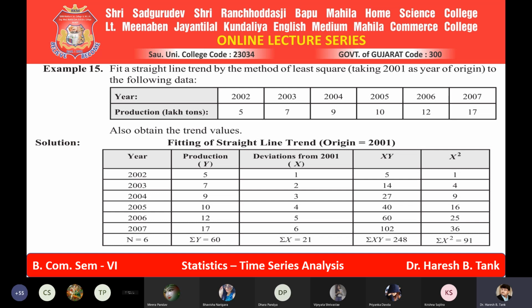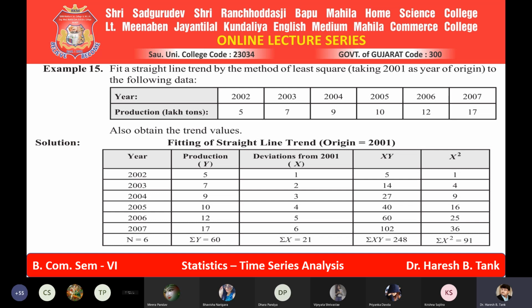Once you are through with this, now focus on the fact that 2001 is a year of origin. Naturally, all the years in the given data are to be deducted from the origin. So 2002 minus 2001 means deviation from 2001.